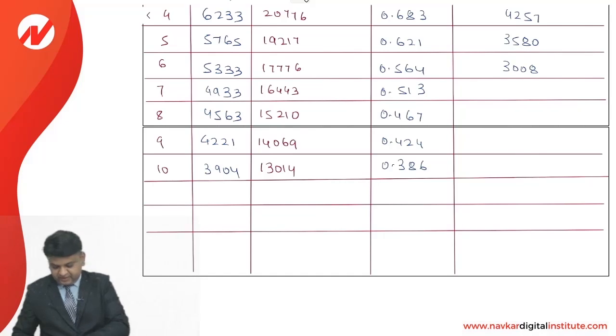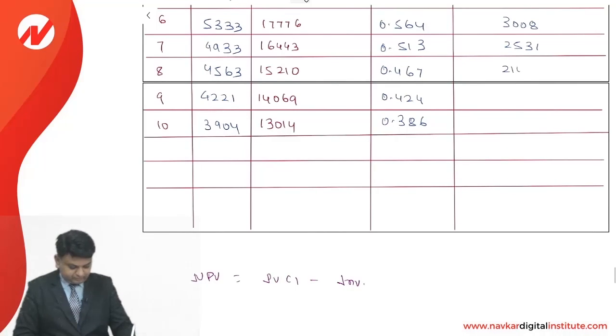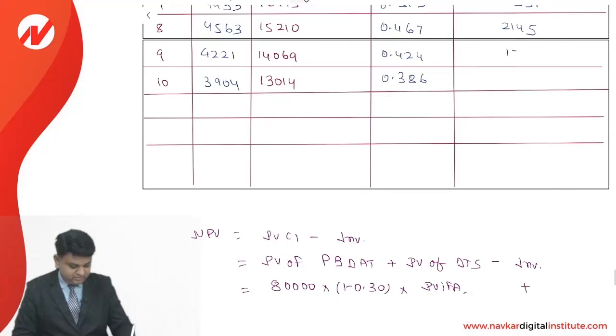4933 into 0.513, 2531. 4563 into 0.467, 2145. 4221 into 0.424, 1790. 3904 into 0.386, 1507.